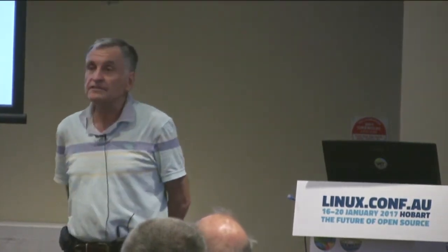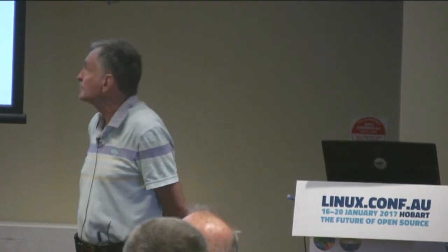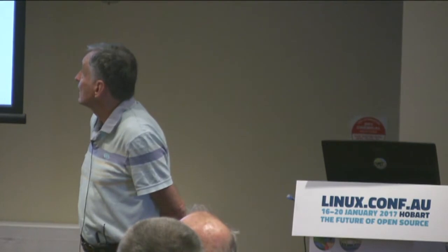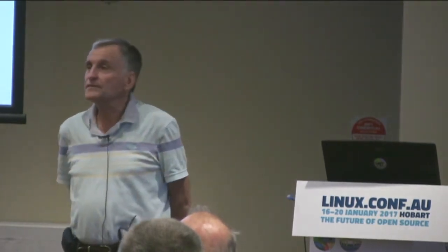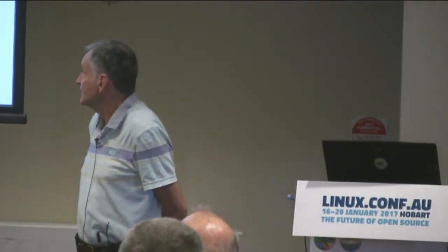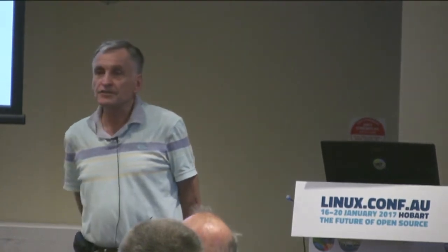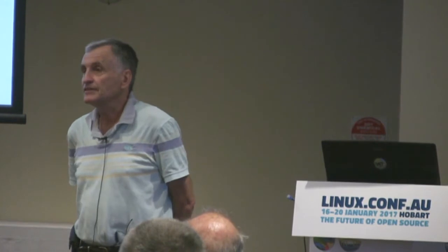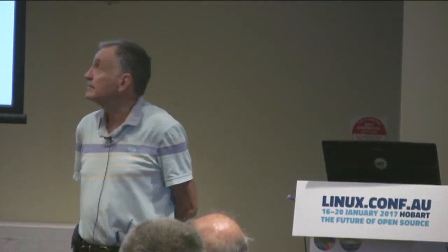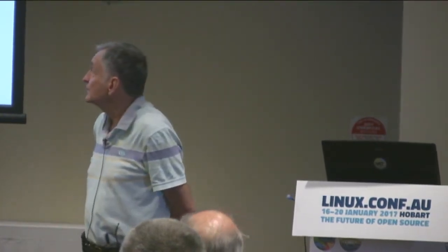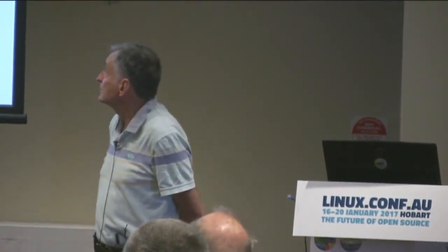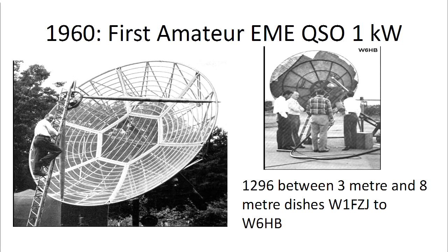Generating that sort of power at 1296 in those days would have been an enormous achievement. And they were using the old-fashioned Morse code. The reason for using Morse code is it uses much less bandwidth than, say, voice, and you've got a chance of getting a signal through, and that was achieved back in 1960 with Morse code.